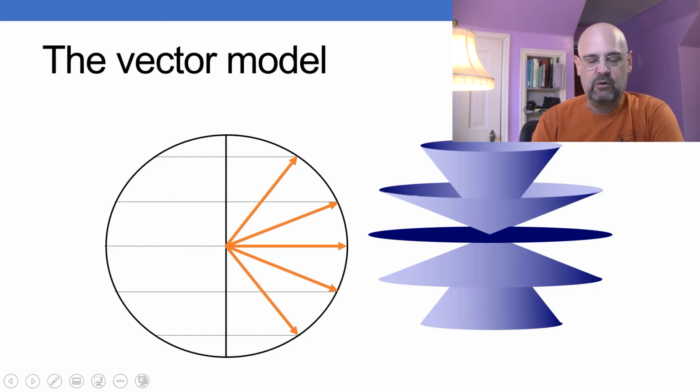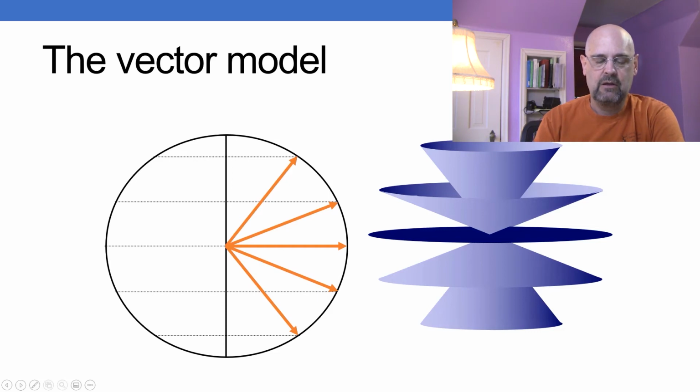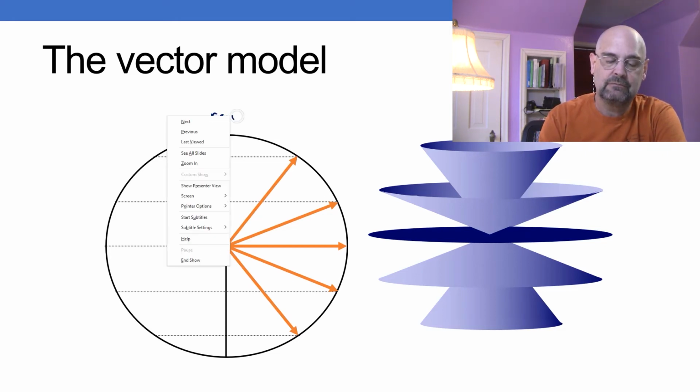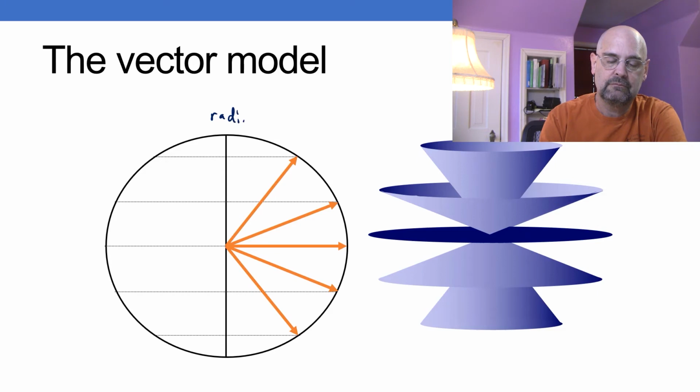We can diagram this in another way here. If I look at this end on, what I have here is this circle, which has a radius. In this case, l equals 2.